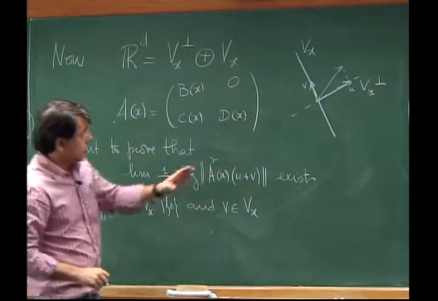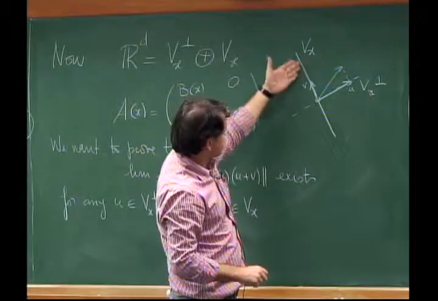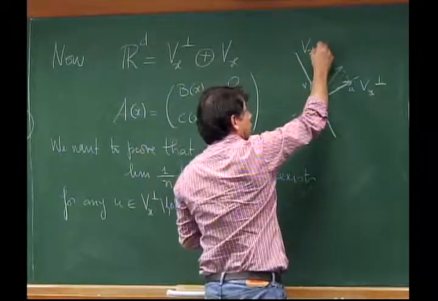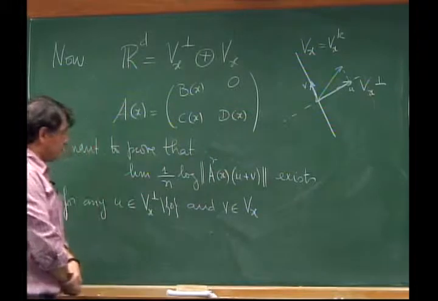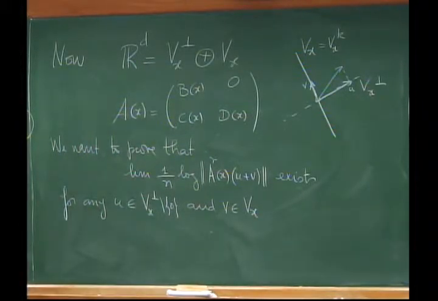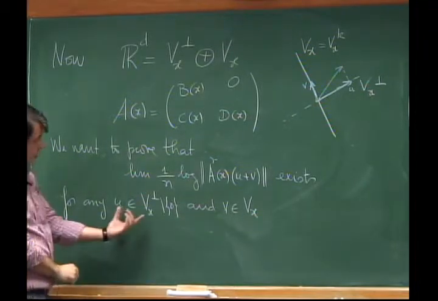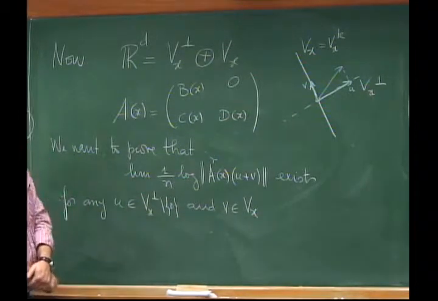So in order to prove this, we want to prove it for every vector in R^d minus 0. We already have the statement for vectors that are along Vx. Now we want the same for the other vectors, and the other vectors may be written as a sum like this.